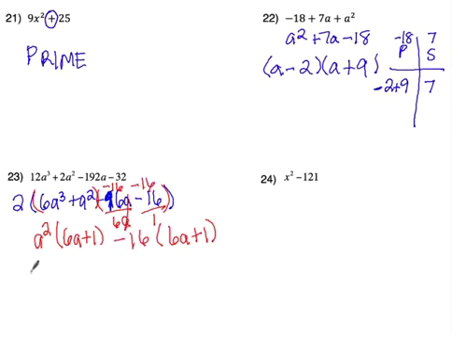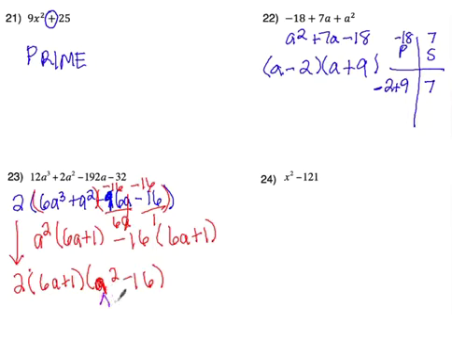So then 6a plus 1 comes out, and don't forget your 2, so I've got 2 times 6a plus 1, and then I'm left with a squared minus 16. Always double check your binomials to make sure there's nothing left in common and that there's not a difference of squares. Well, there's nothing in common, that's not a difference. However, if you look here, this one can actually still be factored.